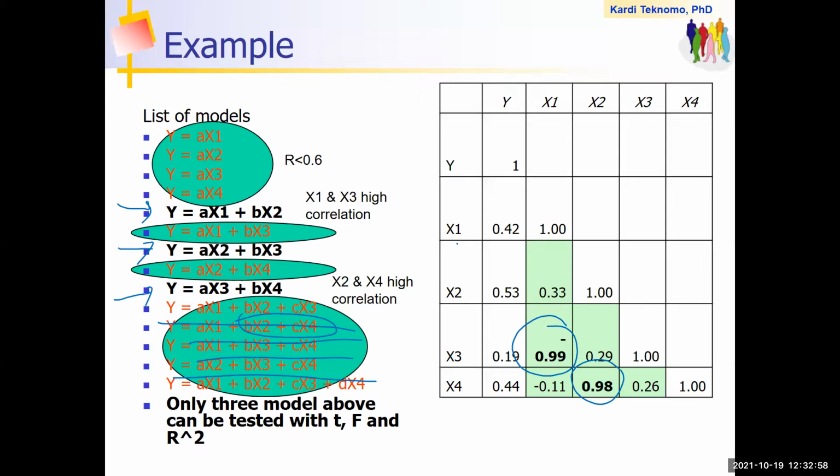So we try to avoid that overfitting. So what you need to do is list the combinations of models, and then remove all those that are highly correlated between independent variables and have low correlation between independent and dependent.